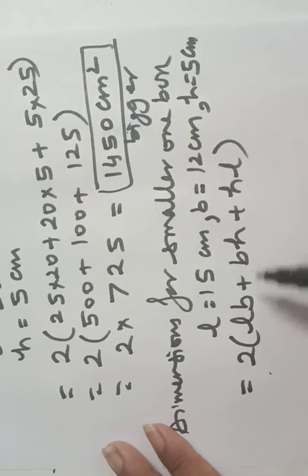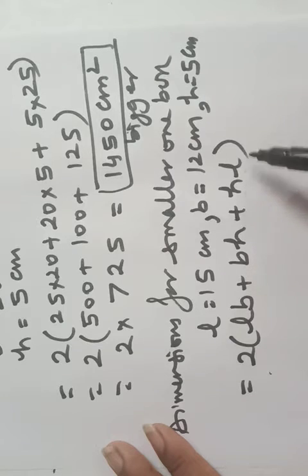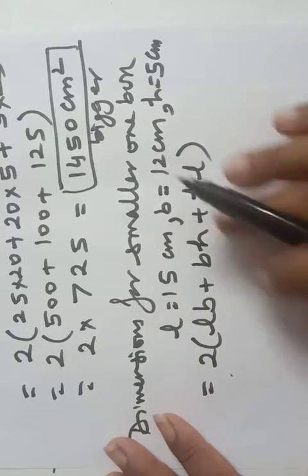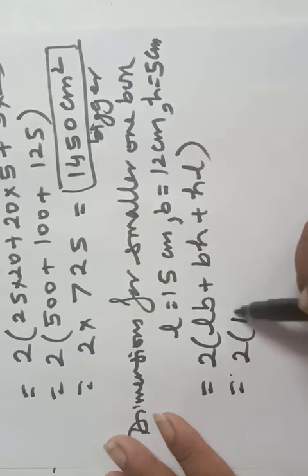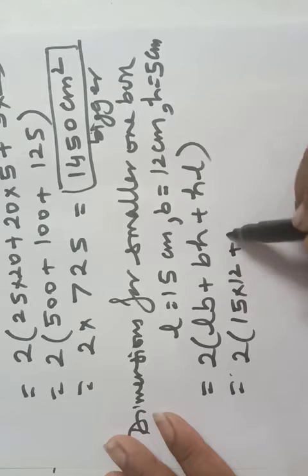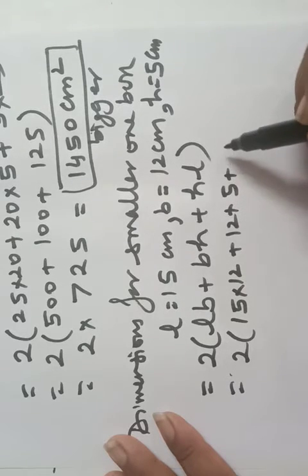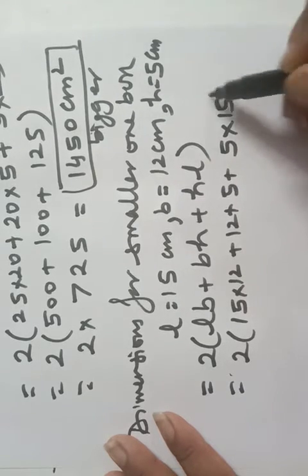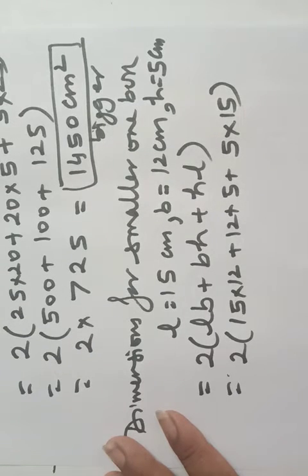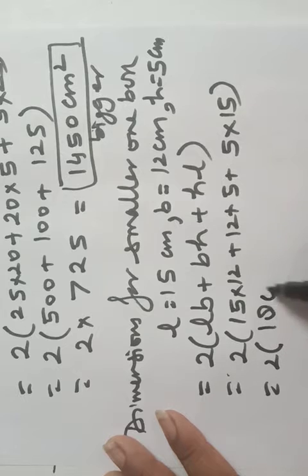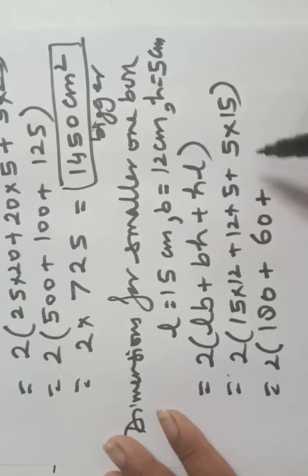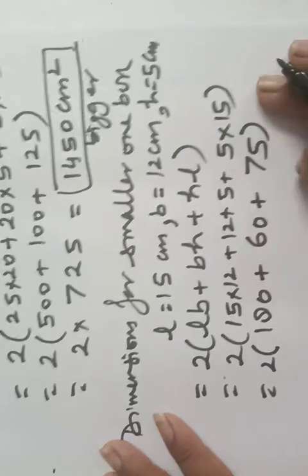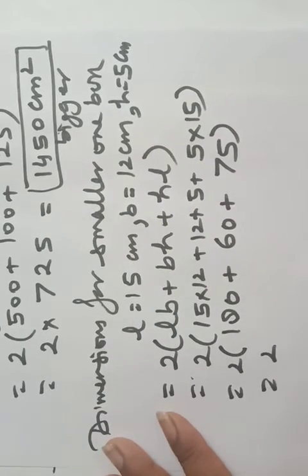Twice of length into breadth plus breadth into height plus height into length. We simply put the values here: twice of 15 into 12 plus 12 into 5 plus 5 into 15. 15 into 12 is equal to 180, 12 fives are 60, and 15 fives are 75.